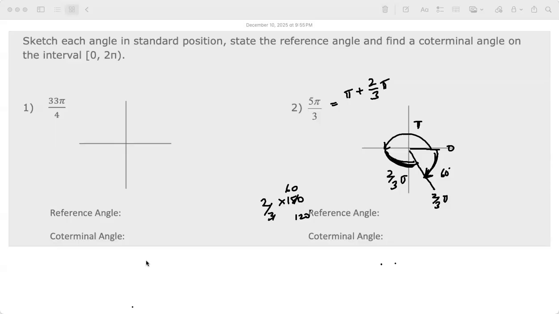Does that make sense? So if that is 2 by 3 pi, what will be the reference angle? From here to here, right? What is that reference angle? It is pi by 3. Can you check your answer once?